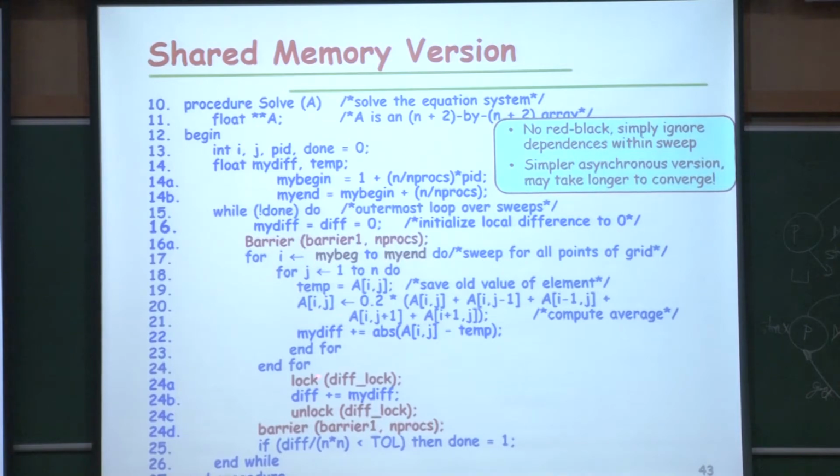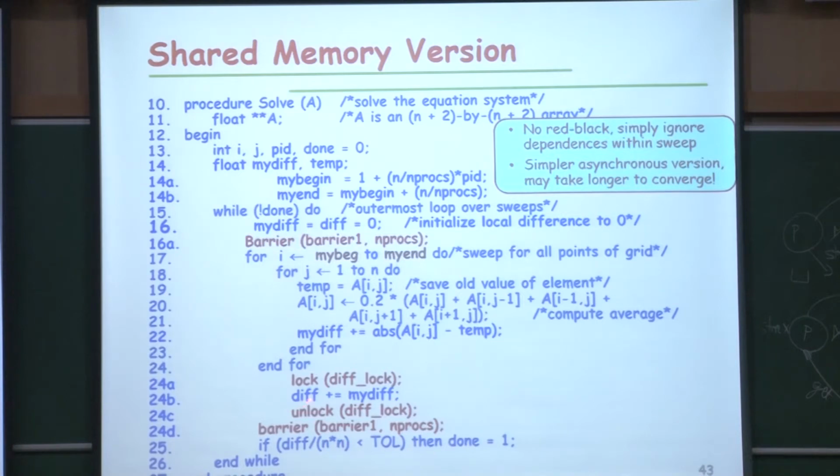For that, I do this lock, and then I do the addition to diff. Remember, yesterday we also talked about this: whenever I want to do some kind of a reduction, I have to allow one process to do this at a time. Here each process is doing it, but in a critical section, because I have now locked it.